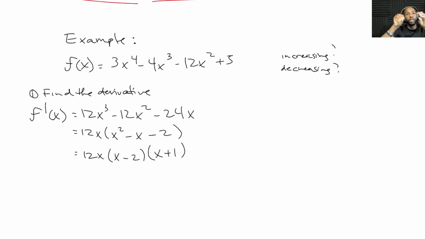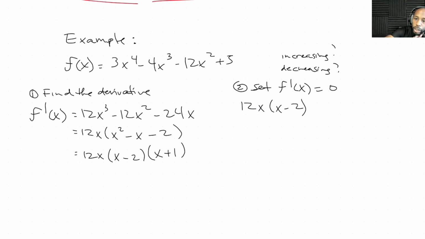We want to see if the derivative is greater than 0 or less than 0 on either side of where it equals 0, if that makes sense. Okay. So we're going to set the first derivative equal to 0. So that's going to be 12x times x minus 2, x plus 1 equals 0. And so that's going to be x equals 0, x equals 2, and x equals negative 1, right?